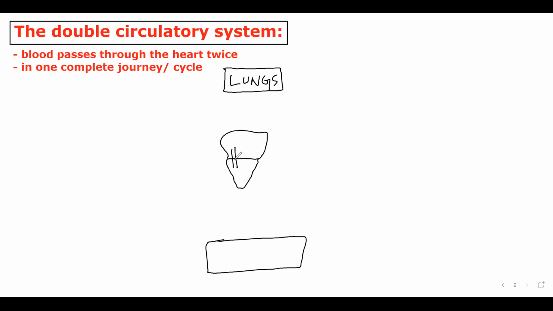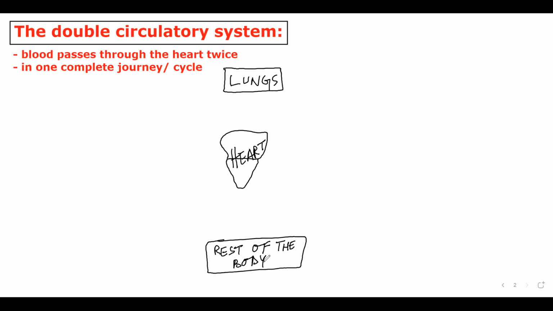Then here is the heart. And here, the rest of the body means I'm talking about all the body cells, right? Your legs, the lower part of the body, the rest of the body. For now, we are taking the example of the human body, ourselves.